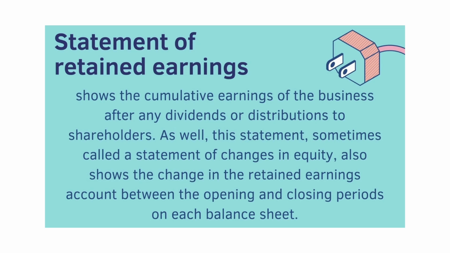And lastly, the statement of retained earnings shows the accumulated earnings of the business after any dividends or distribution to shareholders. This statement is sometimes called a statement of changes in equity. It also shows the change in the retained earnings account between the opening and closing periods of each balance sheet.